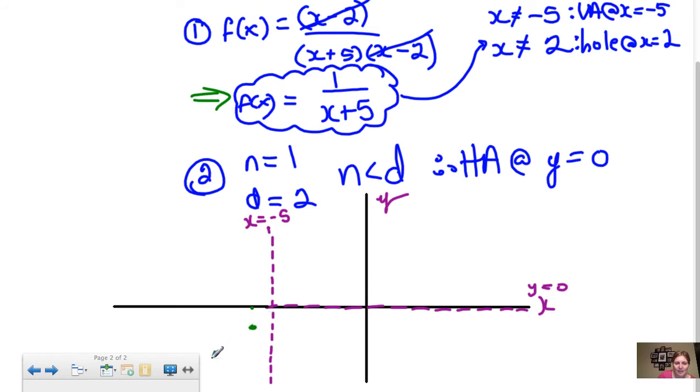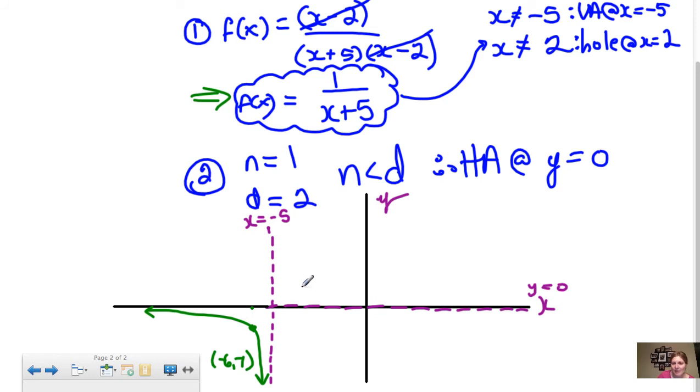So this is the point negative 6, negative 1. And then, like we said, our points like to hug our asymptotes. So this is going to get as close as it can to y equals 0 without touching, and this is going to get as close as it can to x equals negative 5 without touching. And this is what was happening on the left-hand side of the fence.